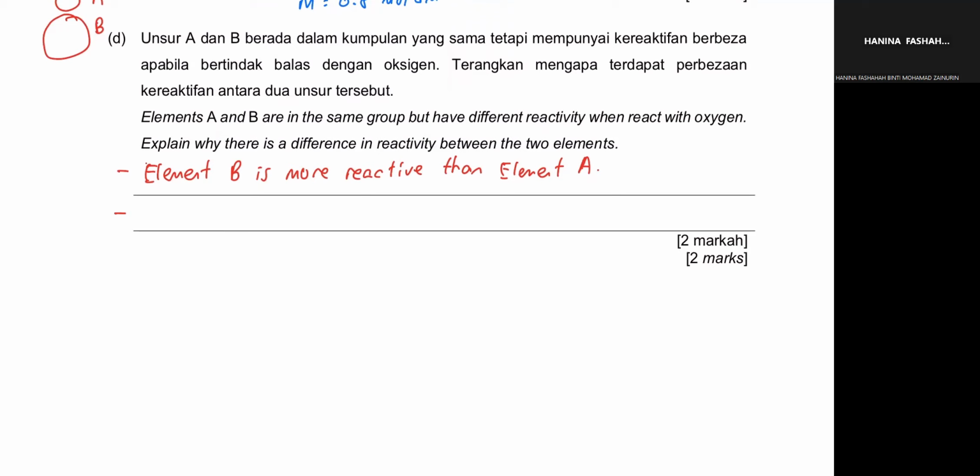If it's 2 marks, then you can focus on the last two marks. So here you can write, atom B has a bigger atomic size than atom A.